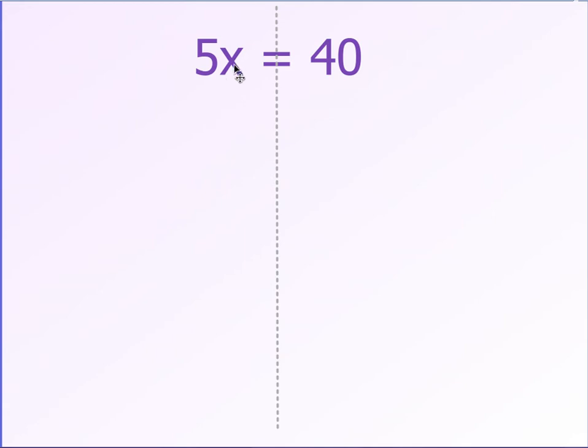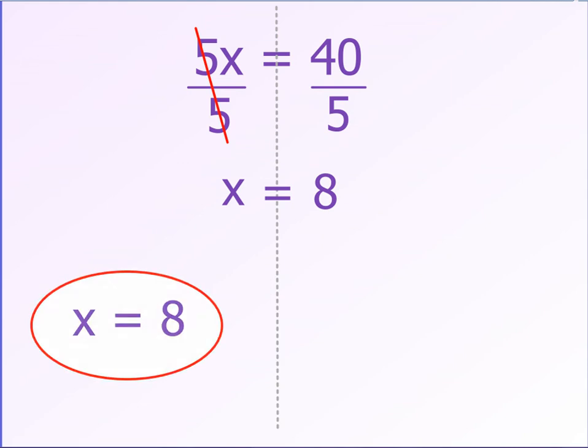X is not alone because it's being multiplied by 5, so I have to undo the process and divide both sides by 5. 5 divided by 5 reduces to 1, and 1 times x leaves me with only x on the left-hand side of my equation. On the right-hand side, of course, 40 divided by 5 equals 8, so x equals 8 is both my solution and my missing value.